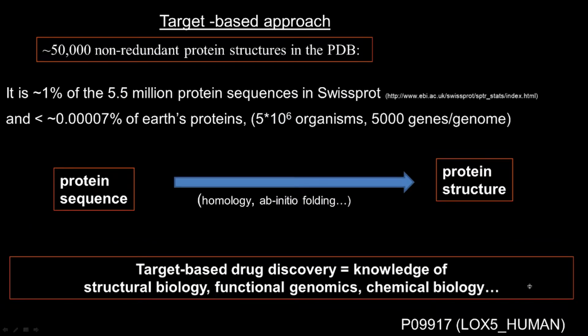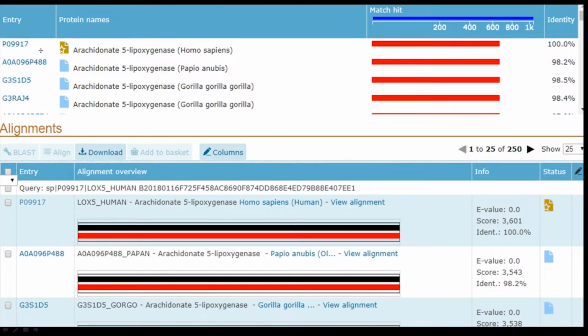This is the protein, the 5-lipoxygenase. It's called arachidonate 5-lipoxygenase because arachidonic acid is the substrate of this, and this particular protein is from Homo sapiens.